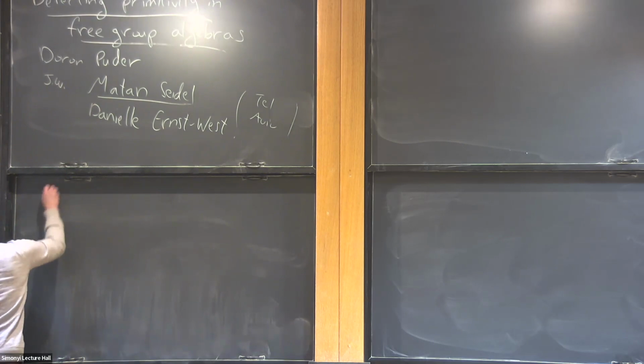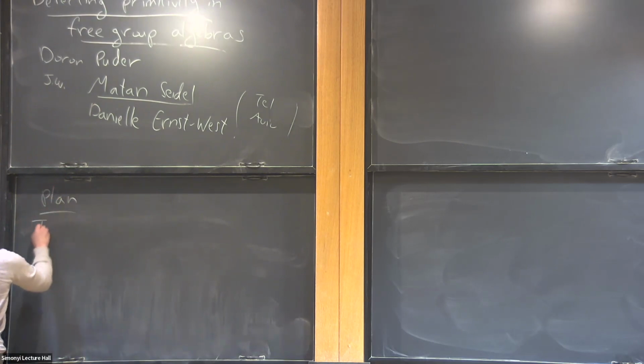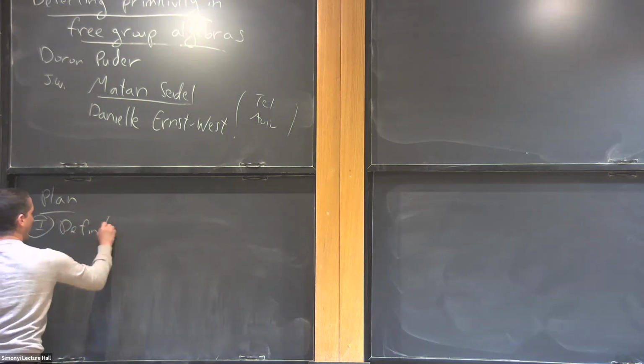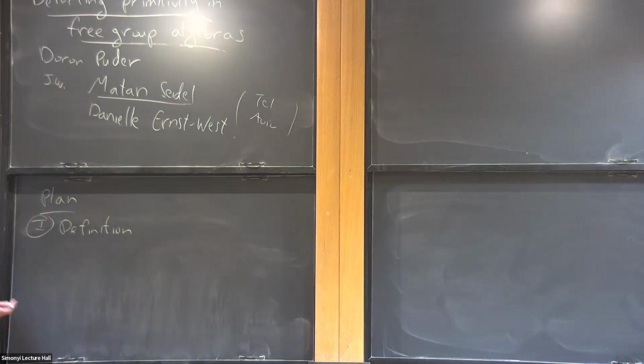My rough plan for the talk is to start with the first definition. I'm not sure how people here are used to thinking about free group algebras, so I'll also explain how I got to think about them.